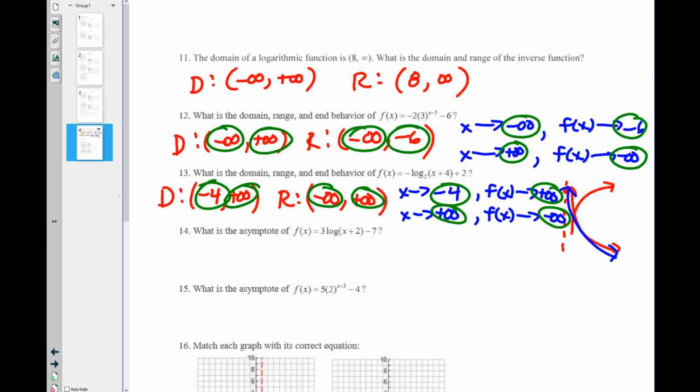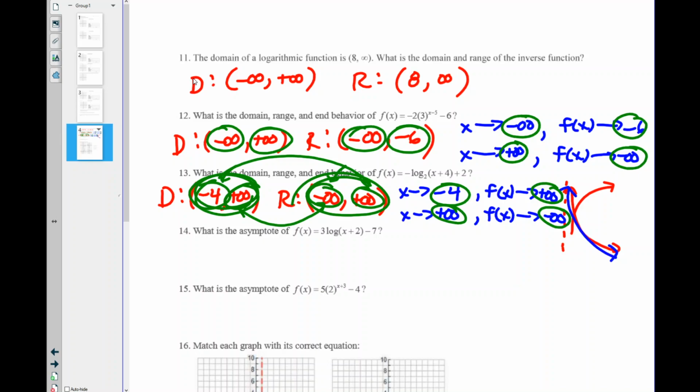So you will know that for the end behavior, this is gonna be one of the x's, this is gonna be one of the x's. But what you don't know is which y is gonna go with which. Because like this negative 4 went with this positive infinity, and then this positive infinity went with this negative infinity. Yeah, you don't know which is gonna. But yes, you are correct. These will be both of the x's, and these will be both of the y's.